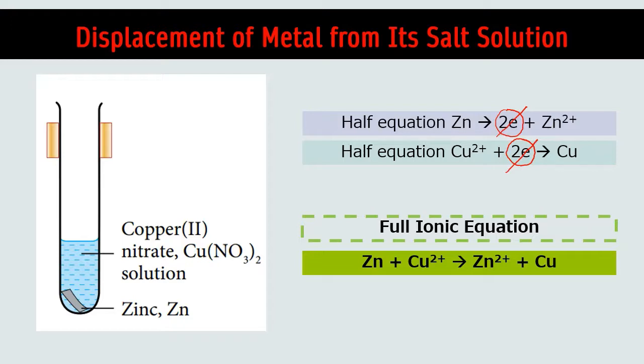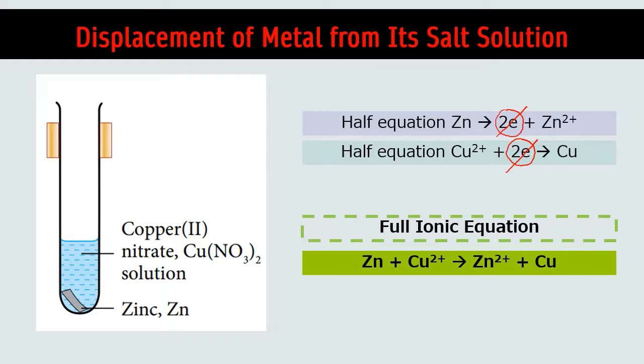I would like to emphasize the changes in oxidation number during this reaction. We have seen that the reaction undergoes transfer of electrons. Usually, when the reaction involves transfer of electrons, it can also change the oxidation number of each element involved.